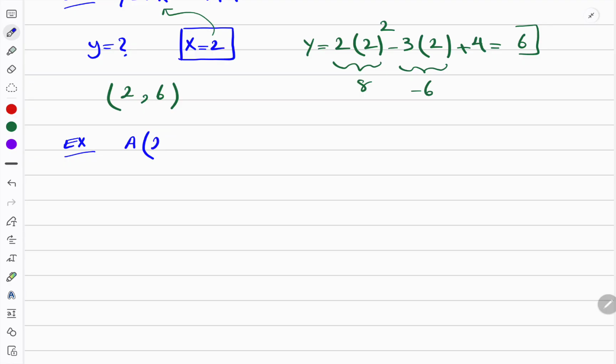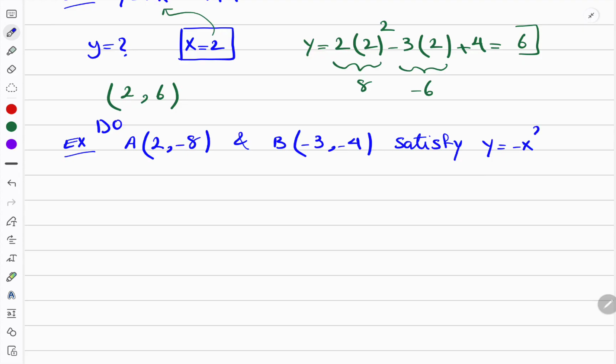Point A is (2, -8), and point B is (-3, -4), and we want to know, do A and B satisfy this equation? y is negative x squared minus 3x plus 2.